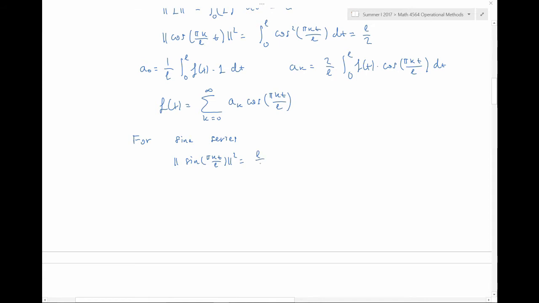That is L over 2, and therefore the coefficient bk is going to be 2 over L integral from 0 to L of f of t times sine of pi k t over L dt. And the function f of t will be just a summation. So k goes from 1 to infinity of bk times sine of pi k t over L.